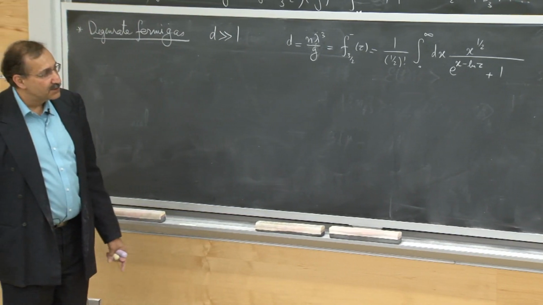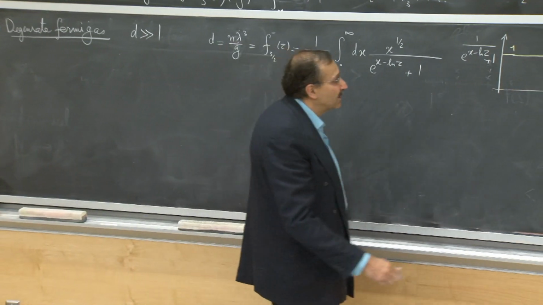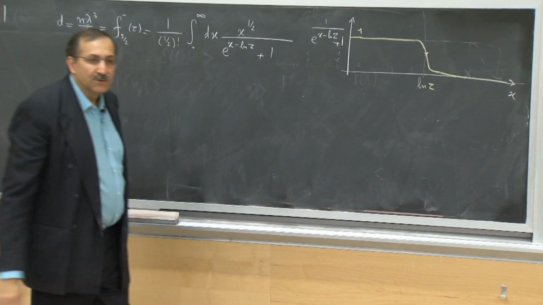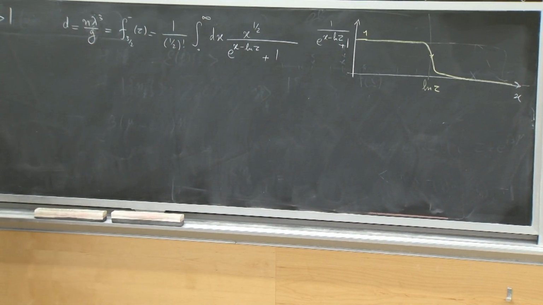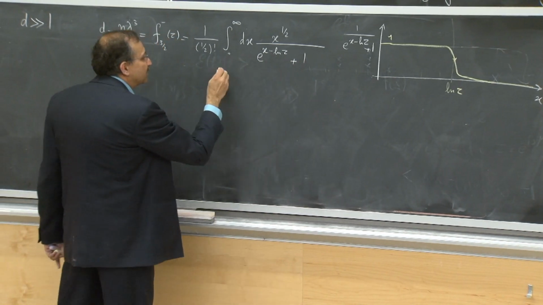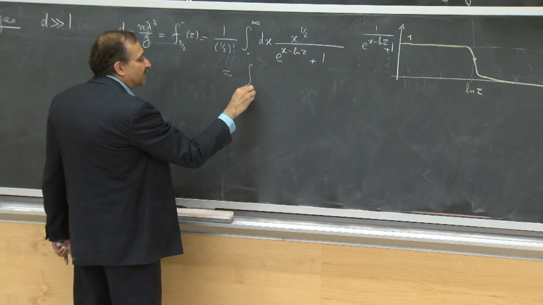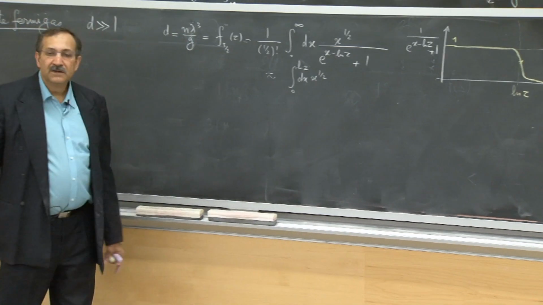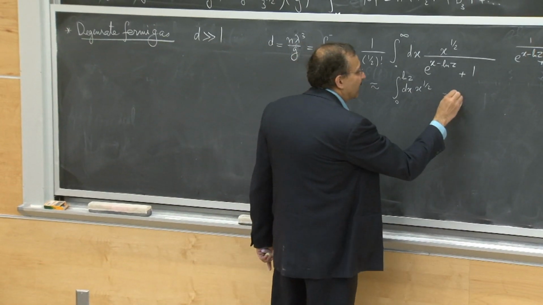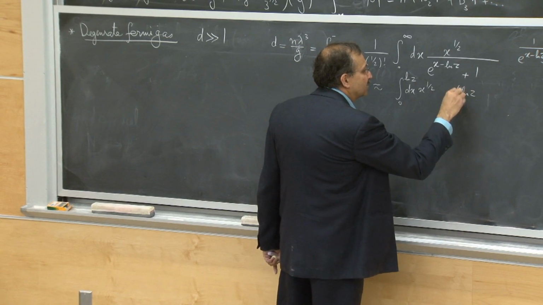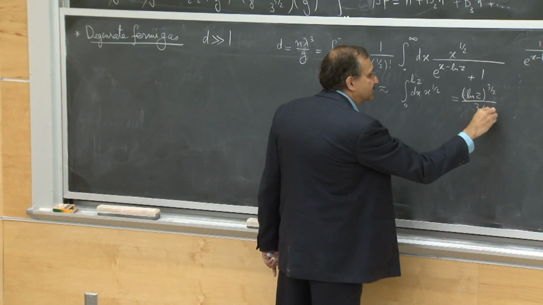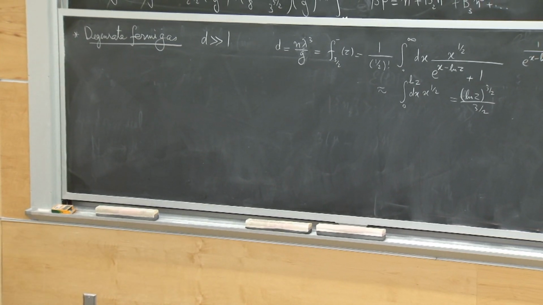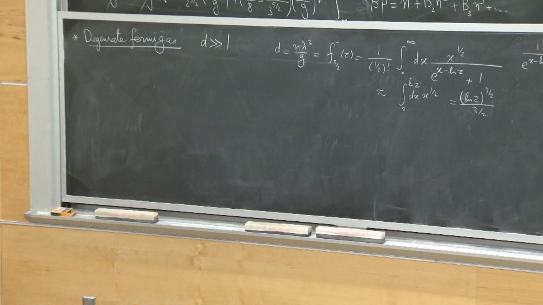And if I go to the limit that log z is very large, I will have 1 for a huge distance, and then at some point I would switch to 0. And what I'm doing, therefore, is approximately integrating from 0 to log z x to the 1/2 dx, which would give me log z to the 3/2 over 3/2. And you can see that I can repeat this for any other value of m here.